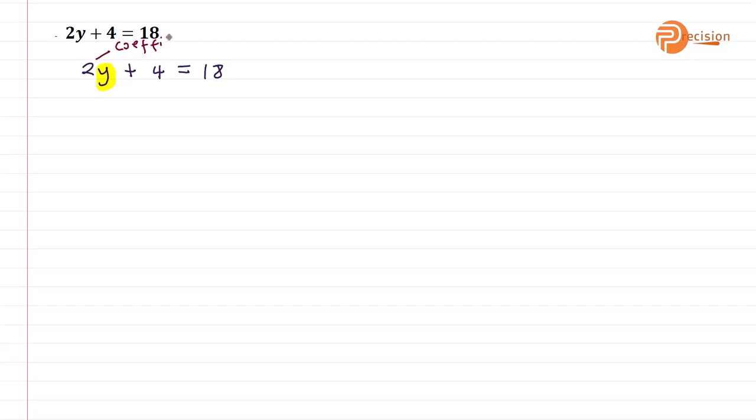Remember from the previous slide, this is a constant, and this is also a constant. Because we have a situation where the variable is together, like here, and also a value that is alone, we need to remove the one that is alone first, then we'll talk about the one that is together.